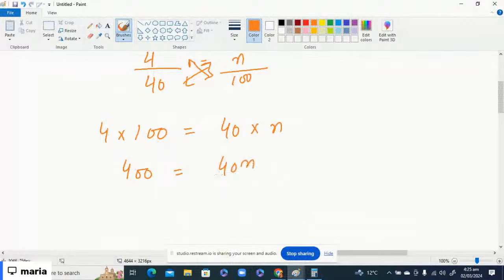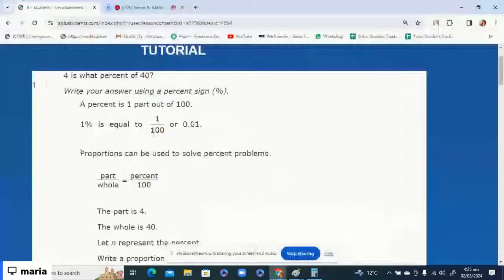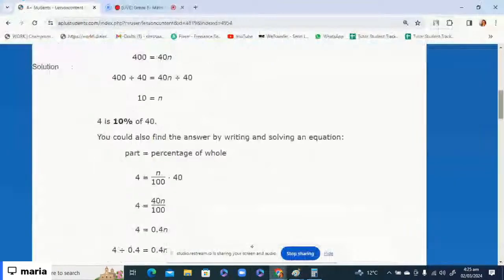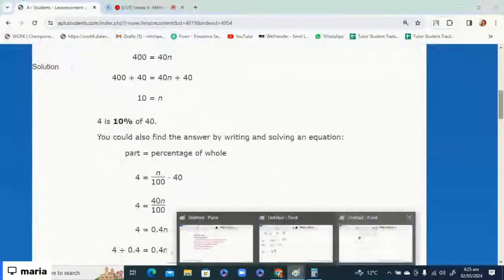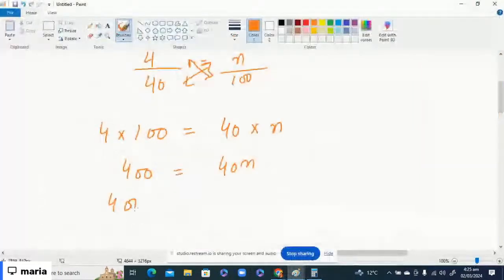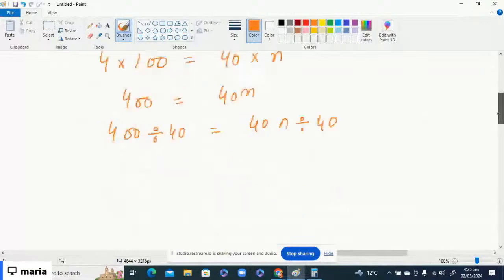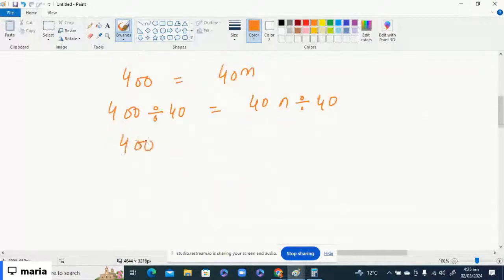Now 40 is multiplied here, so you just divide both sides by 40. 400 divided by 40 is equal to 40n over 40.